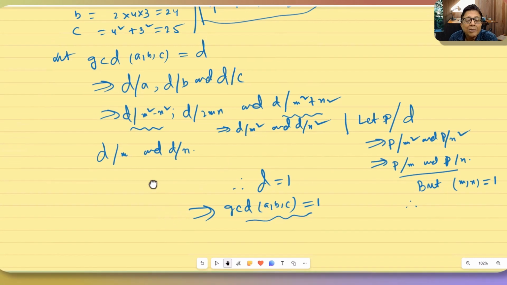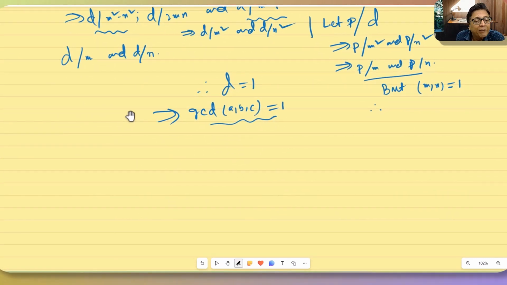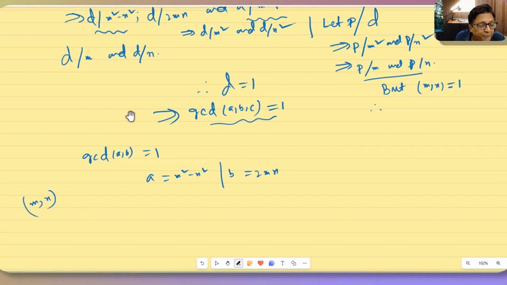Next one, m and n you said coprime. How to prove that GCD of A and B equal to 1? There may be a GCD between them. But A is of what form? A is equal to m square minus n square and B equal to 2mn. We have claimed that m and n are of opposite parity. One of them even, one is odd.